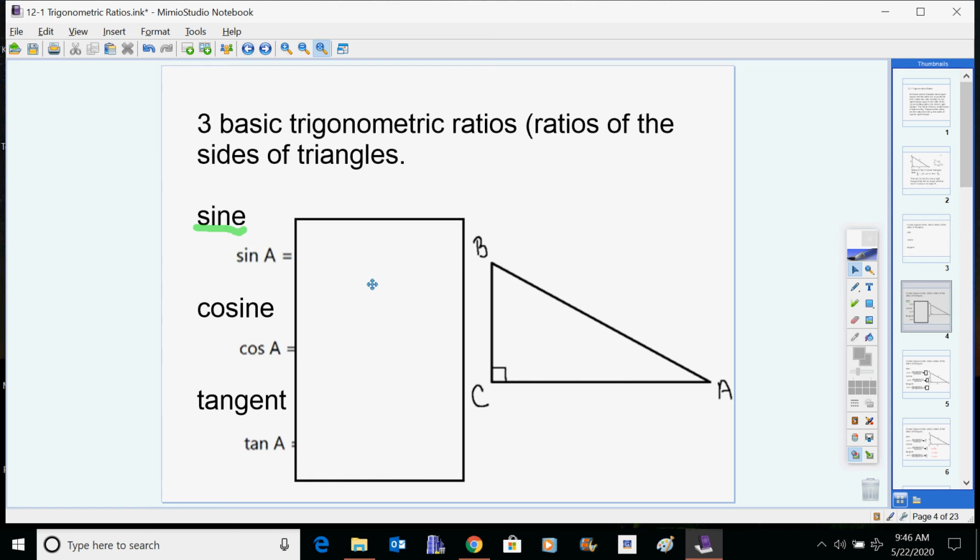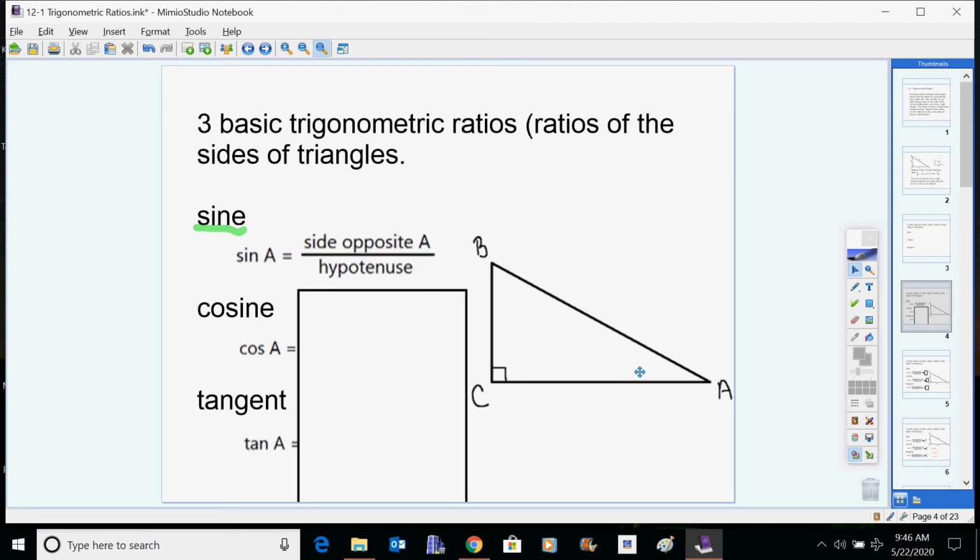The sine refers to the side opposite of angle A divided by the hypotenuse of the triangle. So if there's numbers in here, it's the side opposite of A. Okay, you've got angle A, opposite side is across from it. The hypotenuse of a right triangle, we know where that always falls. It's the one that's opposite of the right angle.